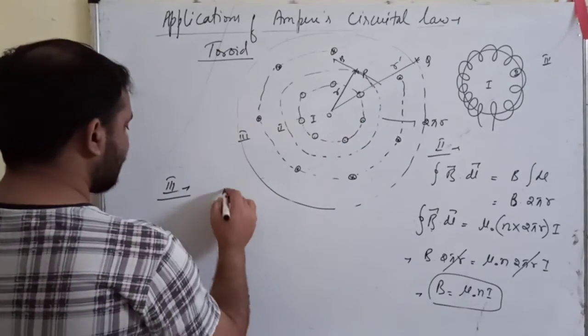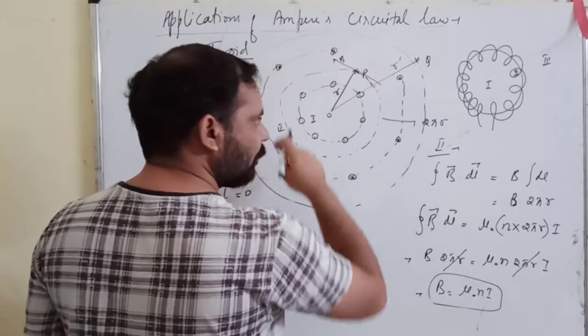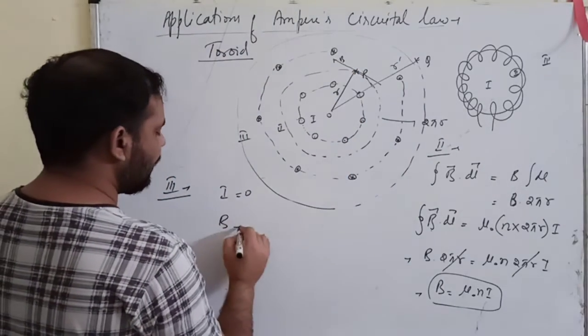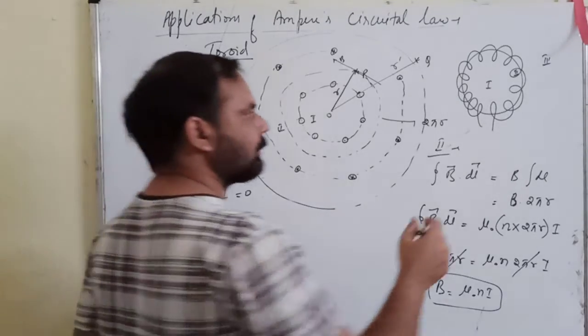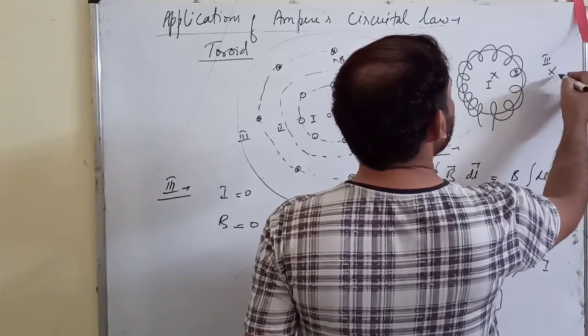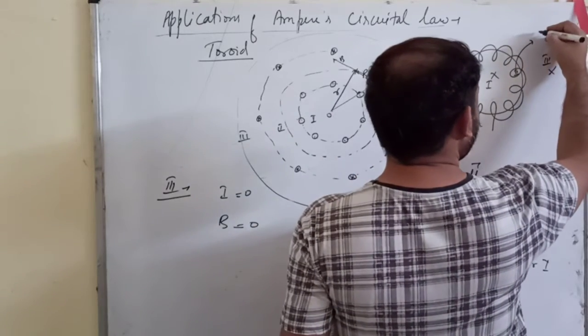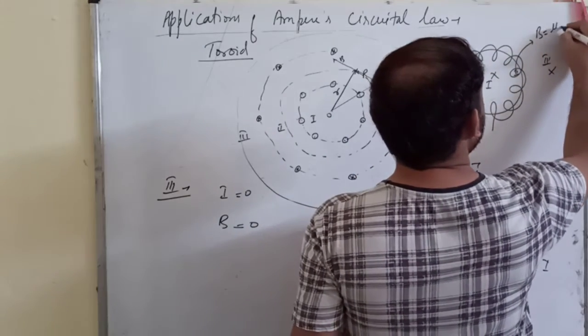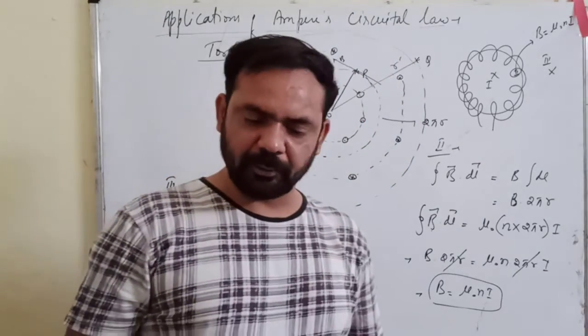So since I is equal to 0, the total current threading through the loop is 0. So B is equal to 0. It means no magnetic field outside. Inside, it is uniform and equal to mu naught n I. This is the magnetic field due to a toroid.